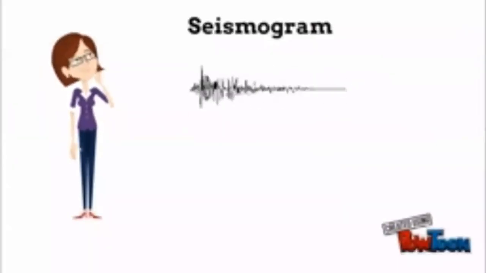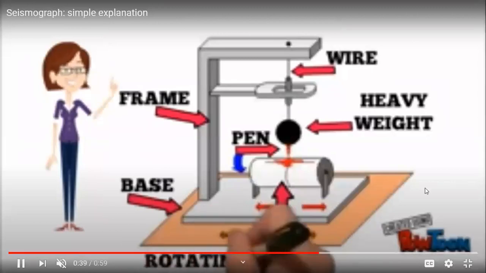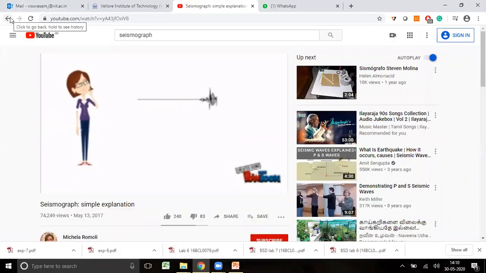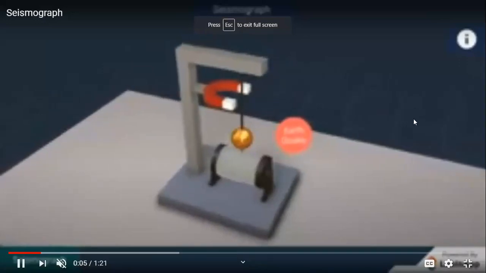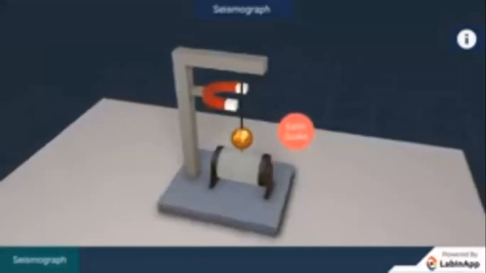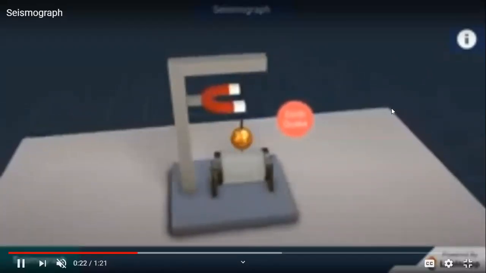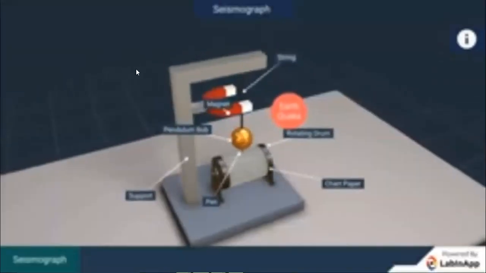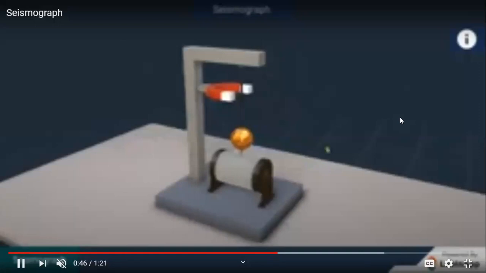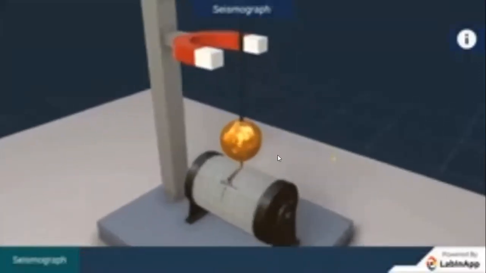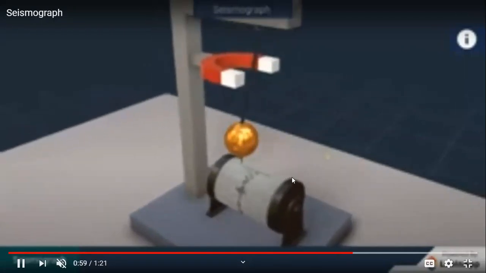During an earthquake, the seismogram will be measured. You can see here there is a rotating drum, and during this ground movement, this pen will record the ground acceleration and movement also.